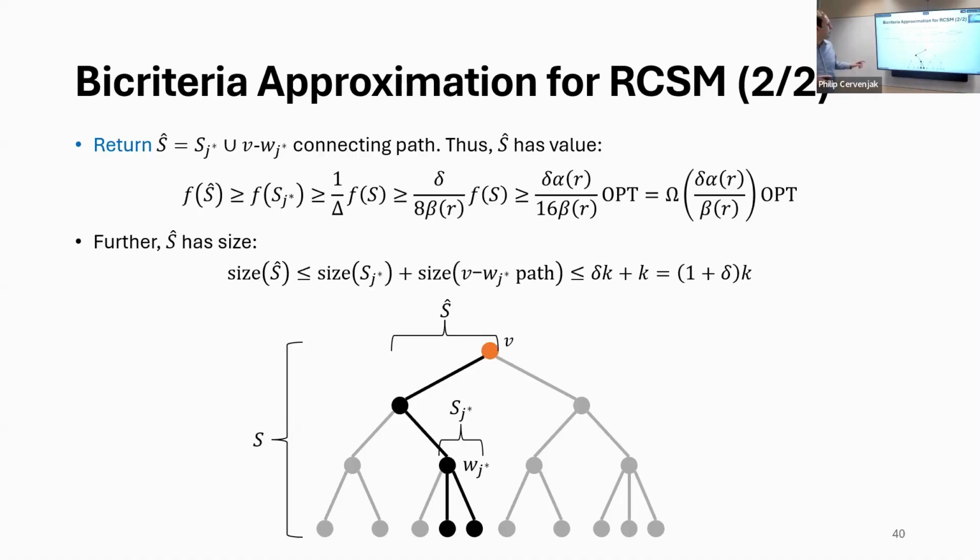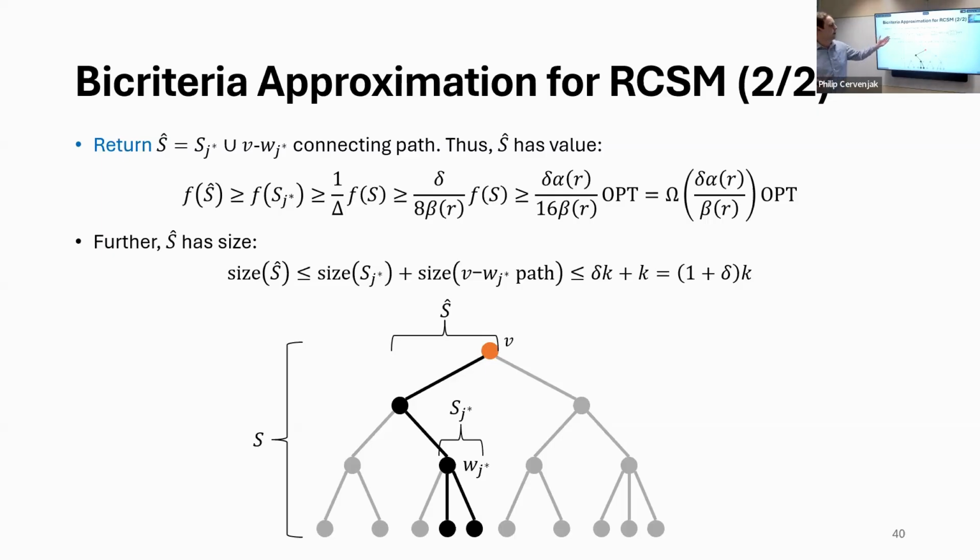Then what we actually return is s hat, equal to this subtree combined with a v to wj star connecting path. Similar to before, we can prove that s hat has the appropriate value. We just point out that the value of s hat has to be at least the value of sj star because f is monotone.